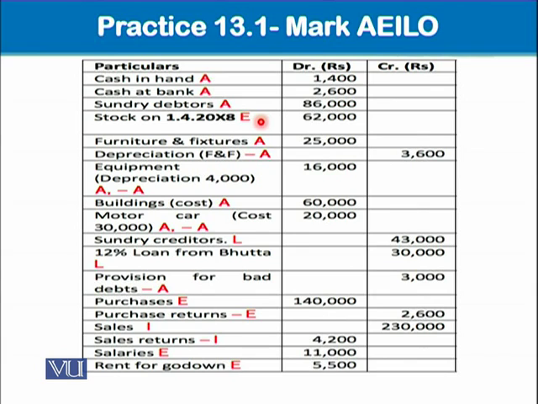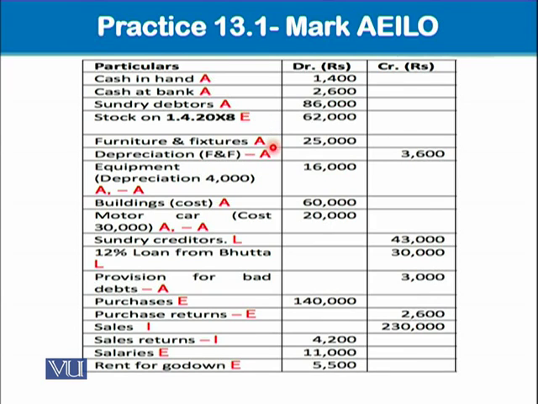So, if we are having sales income of 230,000, it means that this stock of 62,000 has been sold out. And then we have 140,000 purchases as well. So this 62,000 opening stock will be marked as E for expense.